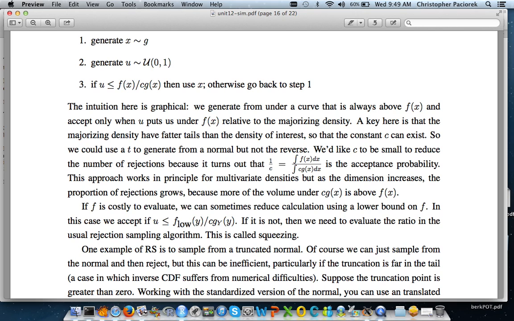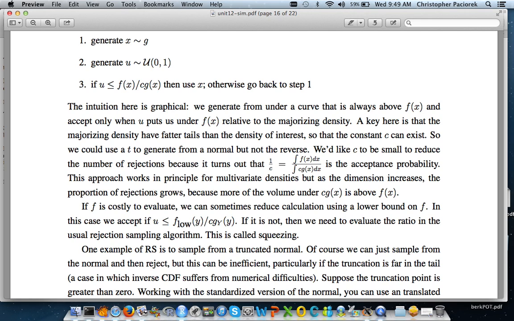Okay, the other thing I'll mention is that there's another idea called squeezing that comes into play sometimes when people are doing this sort of exercise. It's sort of a computational trick. Let me just redraw this actually. Suppose I have some distribution. I have some upper bound c times g of x. Suppose that actually evaluating f of x is computationally expensive.